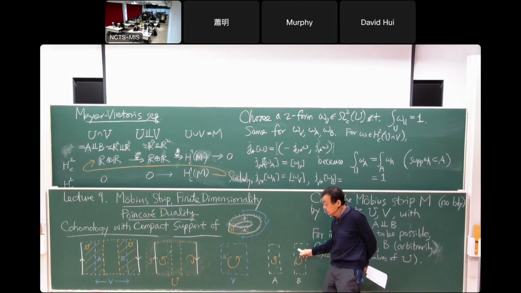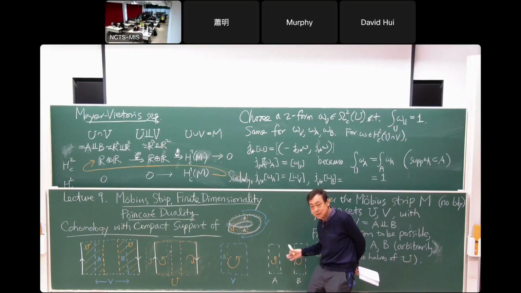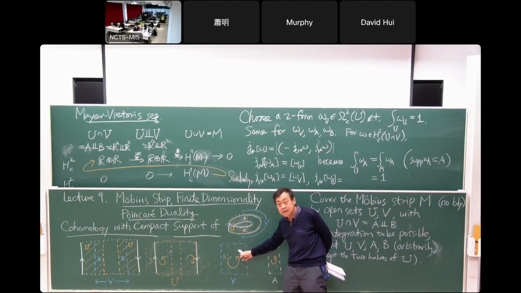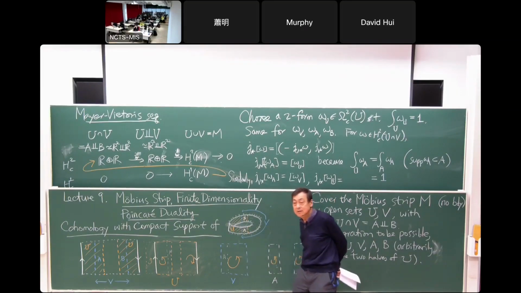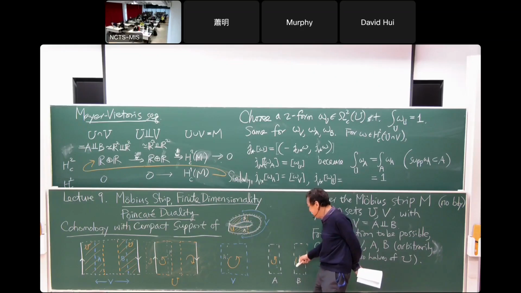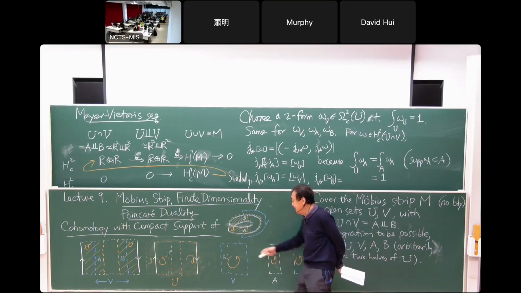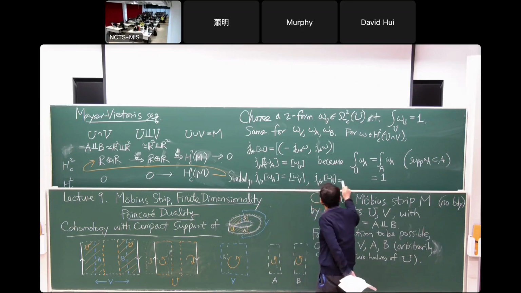So I have a generator, a 2-form here that integrates to 1. I extend it by 0, and I integrate it over V. What do I get? 1, because the orientations are the same.